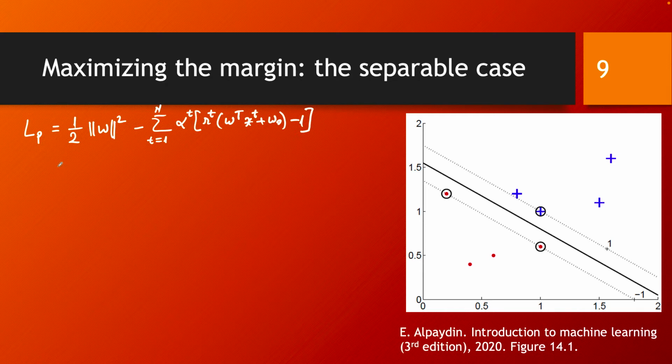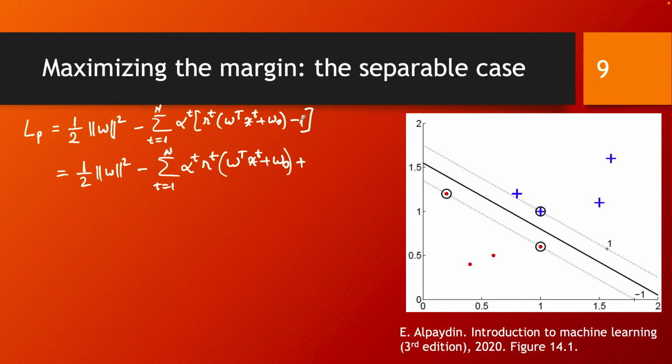optimize, and we can just open the parentheses in here, and we will get that this is 1 over 2 the norm of W squared minus, and I have the sum from 1 to n. I do nothing else but just open the parentheses here for this minus 1. And so on one hand, this product is going to be alpha t times r^t times W transpose times x^t plus W0.